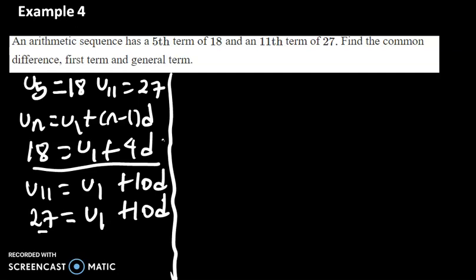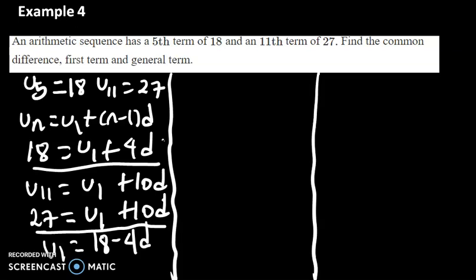So we have two equations here. We can use the substitution method in order to find the values of u1 and d. From the first equation, we know that u1 is 18 minus 4d, if you bring 4d to the other side. You substitute it in the u11 equation, so 27 equals 18 minus 4d plus 10d.